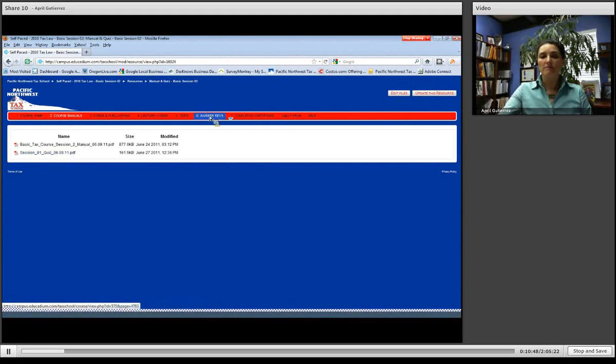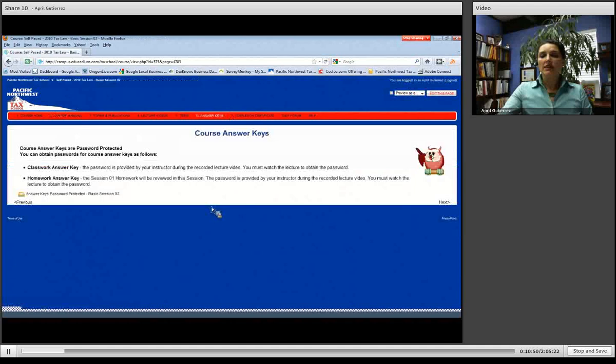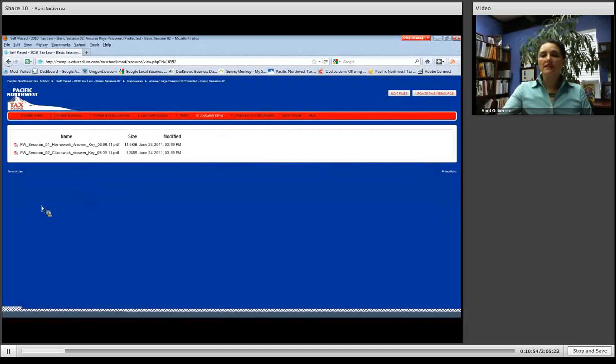Now, you'll notice that we have the Answer Keys tab in this session like we do in all sessions. And inside the Session 2 Answer Key tab, there are 2 answer keys. One of the answer keys is the answer key for the Session 1 homework assignment, and the other one is the answer key for the Session 2 classwork assignment. We will not get to the Session 2 classwork assignment answer key until the end of today's class.